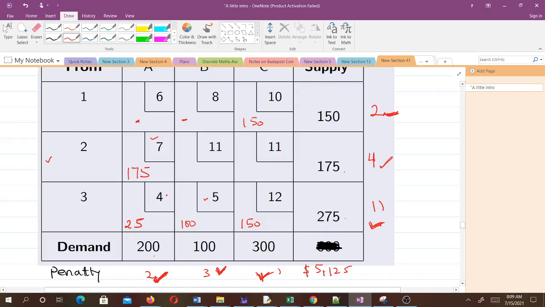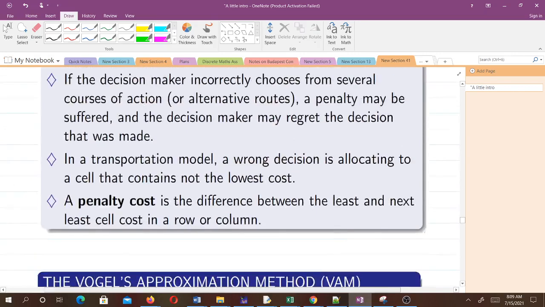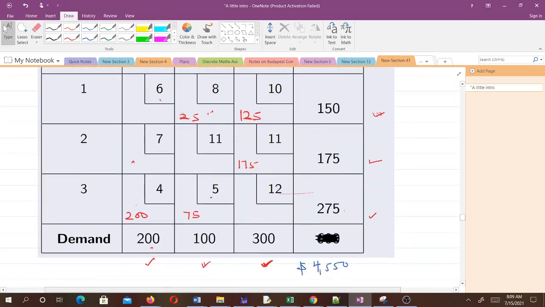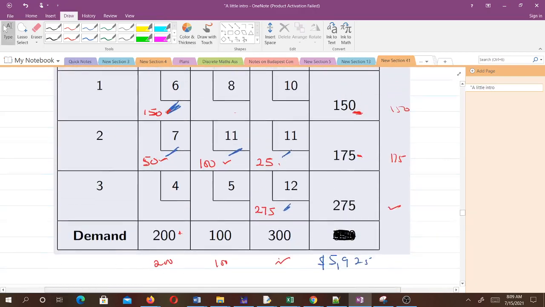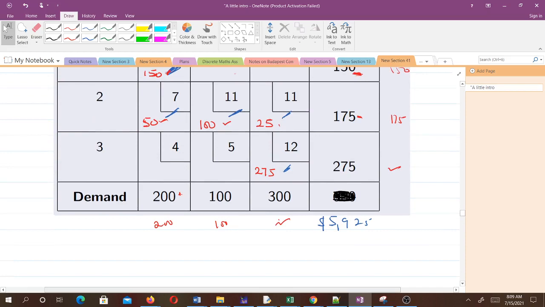So you can see that when we use the VAM, we had $5125 as the transportation cost. The least cost method gave us 4,550, and the northwest corner method gave us 5925.